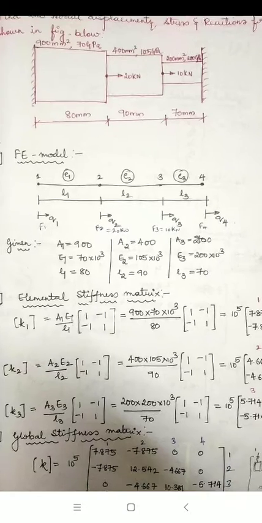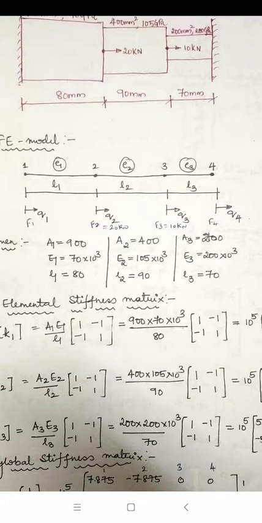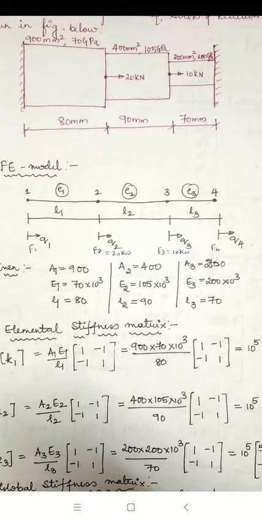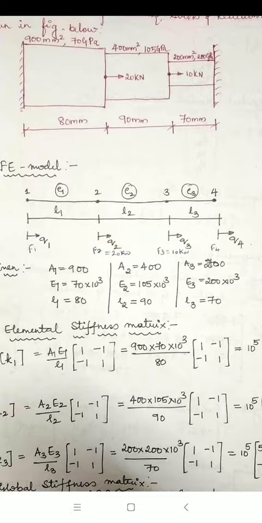See here, I have drawn the line diagram and started the numbering from the extreme left side. The extreme left I have taken as node number 1, and the point where the load of 20 kilonewton is acting I have taken as node number 2. Similarly, the point where 10 kilonewton is acting I have taken as node number 3, and the extreme right side I have taken as node number 4.